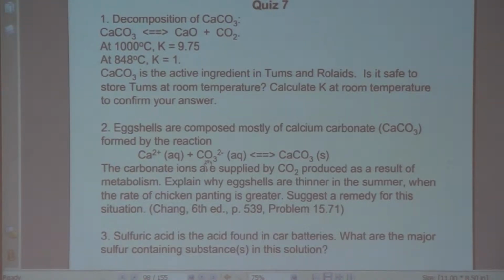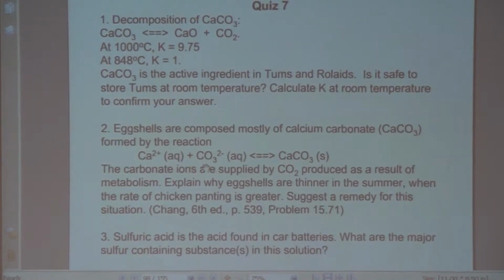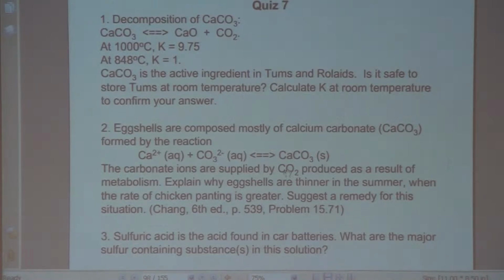Is it by increased panting or increased rate of breathing, is the CO3 minus increasing or decreasing? Yeah, so as the CO3 minus is removed, in which direction does this reaction shift?